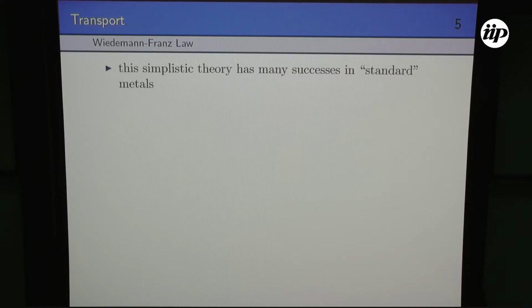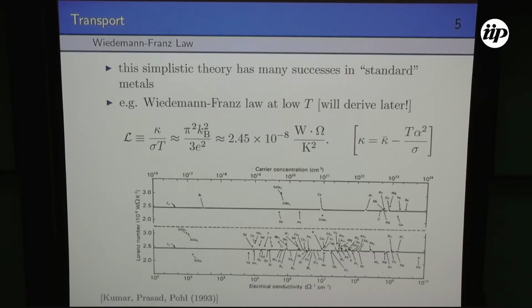Okay? And if you really want a quantitative success story of this old formalism, that would be the Wiedemann-Franz law. Okay? So if you measure the electrical and the thermal conductivity of the same sample, then as long as it's a good Fermi liquid with essentially conventional scattering mechanisms like disorder, then the ratio of the thermal to electrical conductivity should be a universal number.